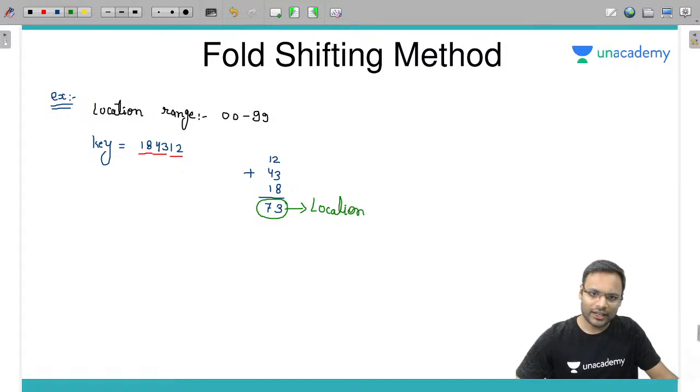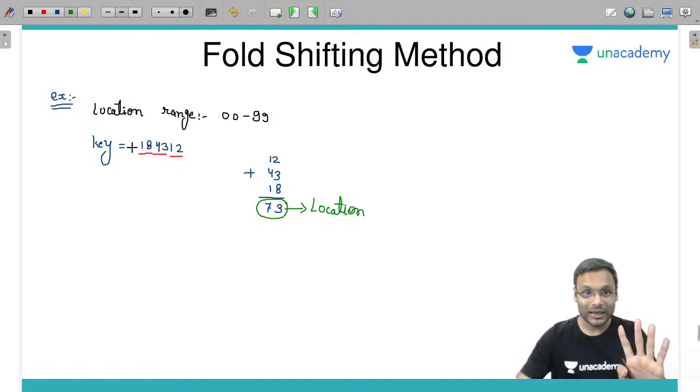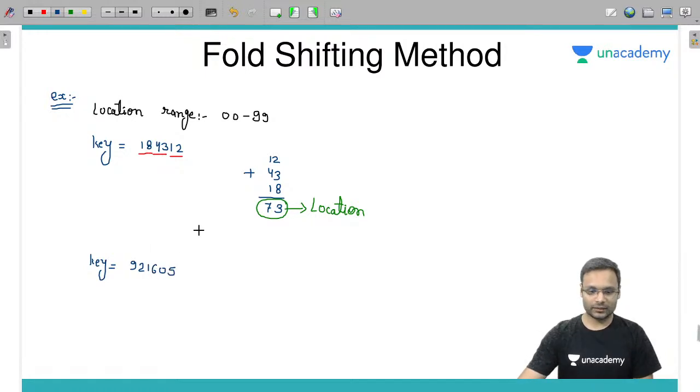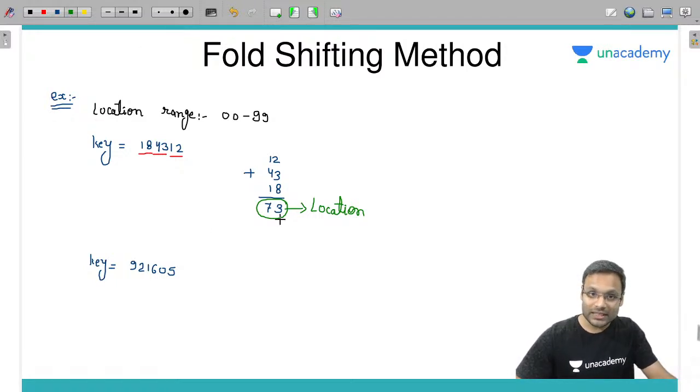You will definitely get many questions here. Sir, if the result of the addition is more than 2 digits, or if there is only one digit? Wait, I will tell you. Suppose you have a key like this. Now what does location mean?